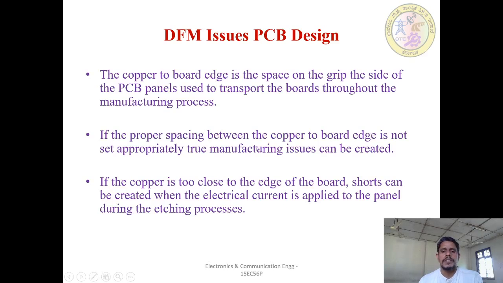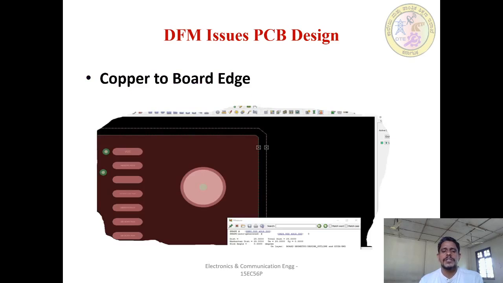If the proper spacing between the copper and board edge is not set appropriately, manufacturing issues can be created. Manufacturing issues will definitely be created if you do not provide any clearance around the board.